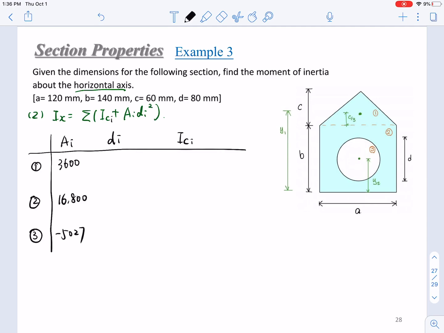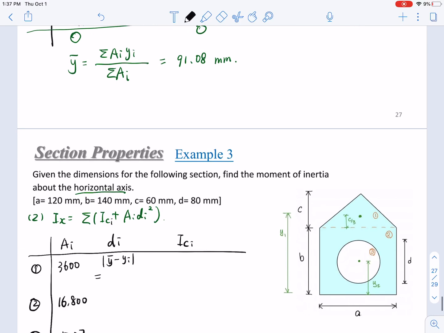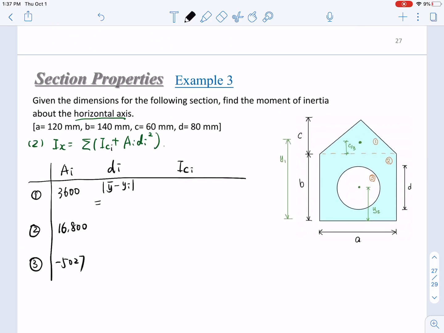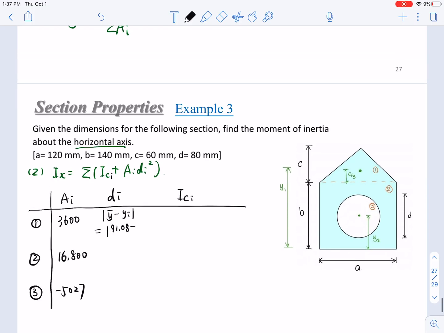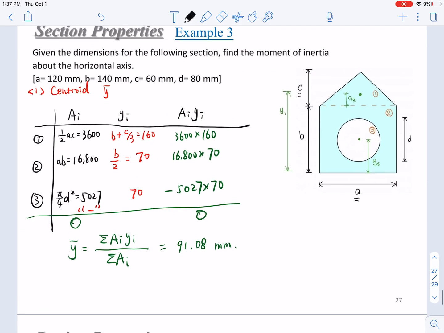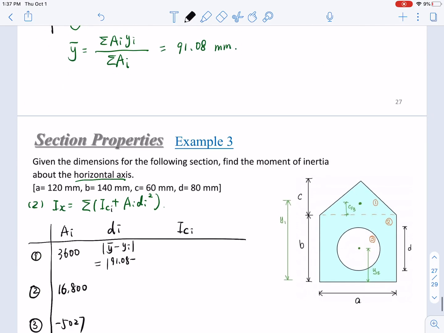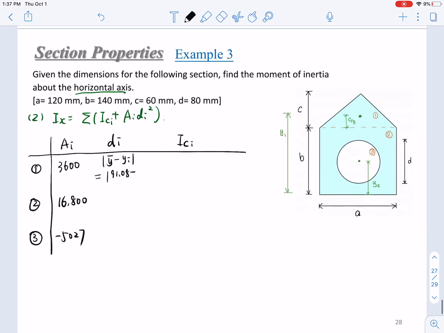Right? So the di will be y bar minus yi. Right? So our y bar has been determined to be 91.08. 91.08 minus y1, which is 160, so it will be 68.92.